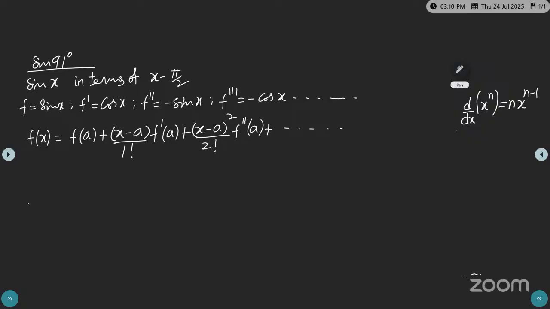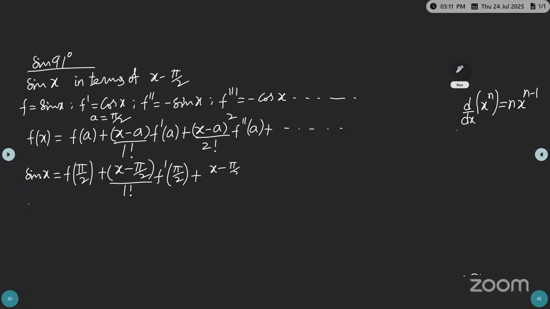So sin x equals, and again put a equals pi by 2: f of pi by 2 plus x minus pi by 2 by 1 factorial f dash of pi by 2, plus x minus pi by 2 whole square by 2 factorial f double dash of pi by 2, plus x minus pi by 2 whole power 3 by 3 factorial f triple dash of pi by 2 plus so on.